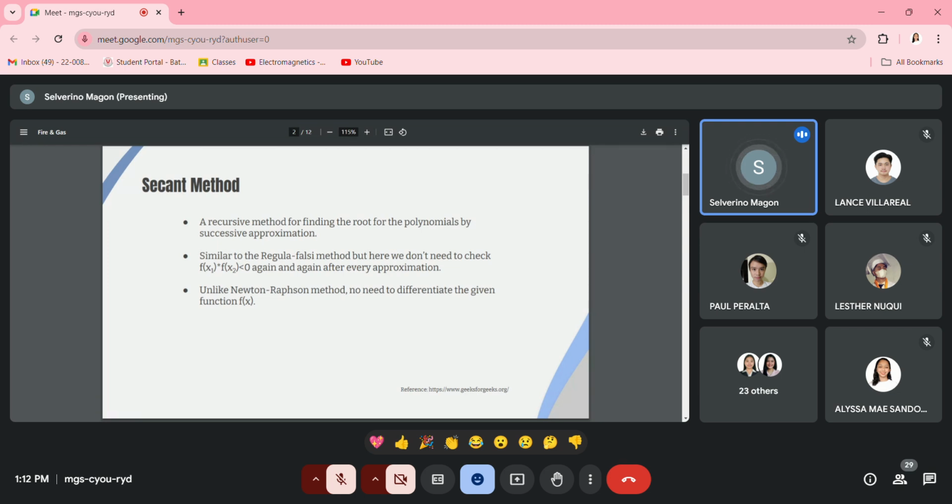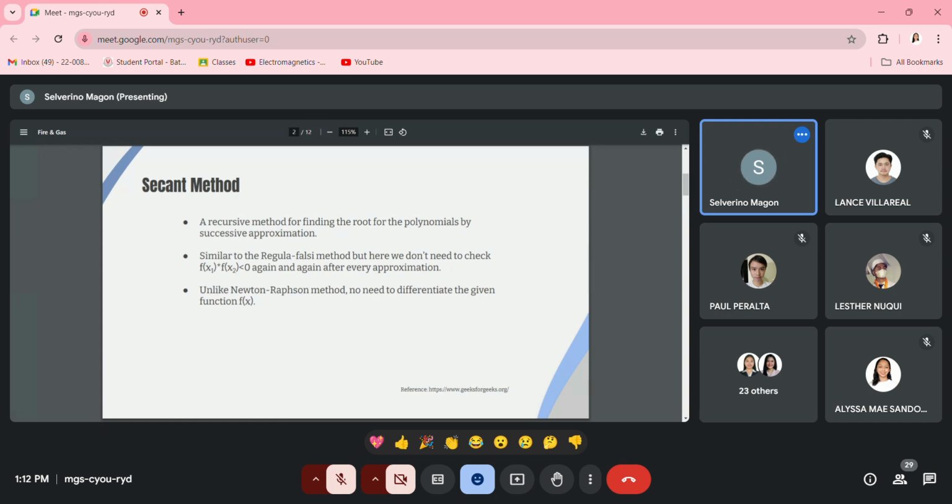And unlike the Newton-Raphson method, here we do not need to differentiate. So this does not require knowledge of calculus for the given function.